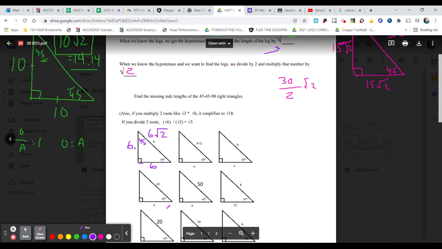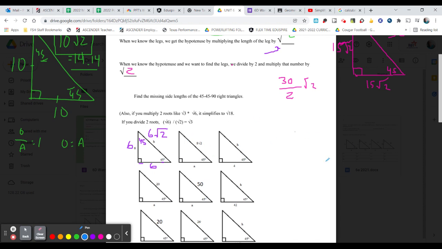Looking at the second one, the hypotenuse is 8 root 2. To find the leg, we take 8 root 2, divide it by 2, and times it by the square root of 2.